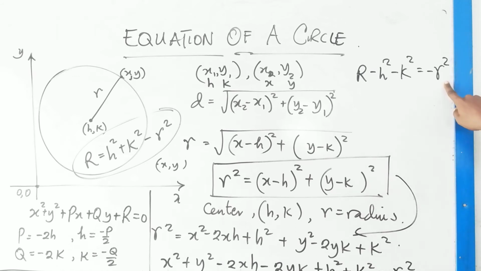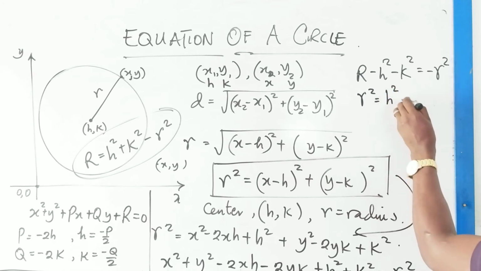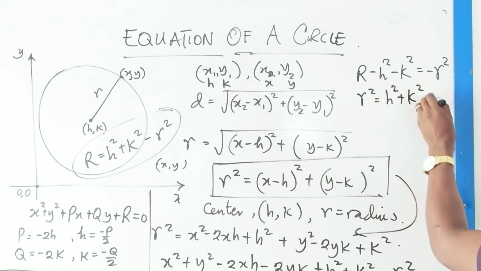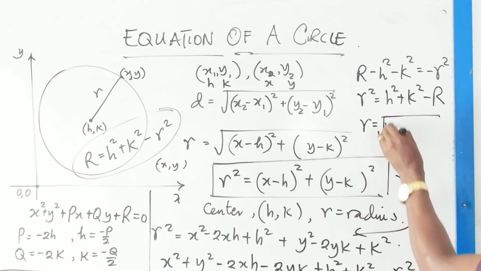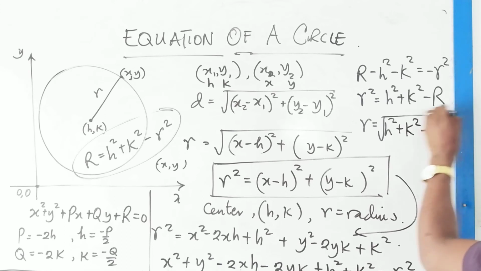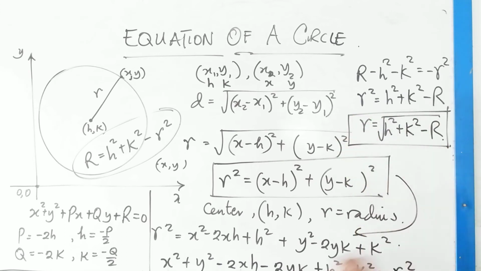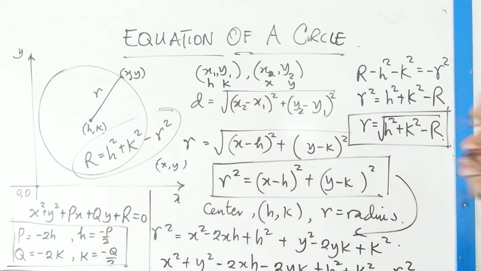So multiplying both sides by minus, I'm going to have r squared to be h squared plus k squared minus capital R, so that my r becomes the square root of h squared plus k squared minus R. So this formula in the box here and this formula in the box here can be used when we want to obtain the equation of a circle.